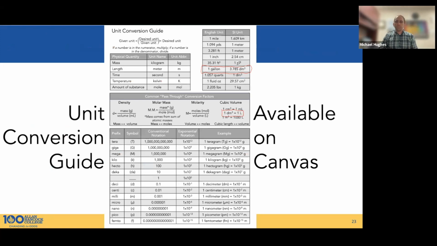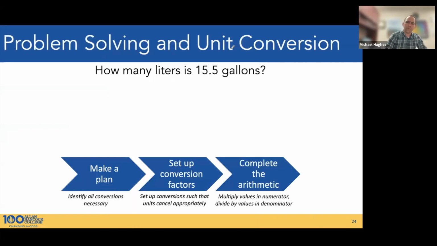I can make an instant change, but let me just be a little bit fastidious and show you how I would do this. All right, so I want to go from gallons to liters. But I'm getting stuck by decameters cubed, so let me just work with all of it.